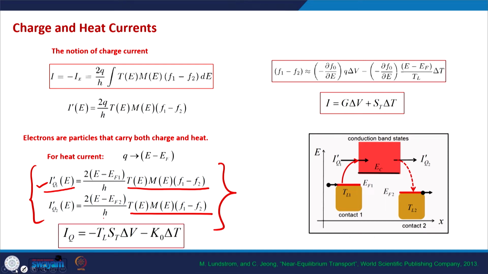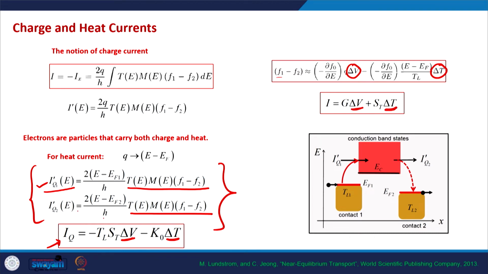In general, if we consider that delta V is non-zero as well as delta T is non-zero, in that case F1 minus F2 needs to be replaced by these terms in the near-equilibrium situation, and the heat current can be written in this general form. As you can see, heat current depends both on voltage difference and temperature difference, like the charge current.